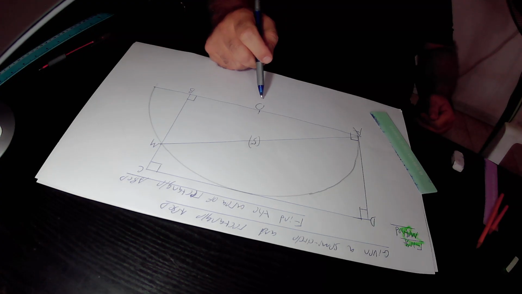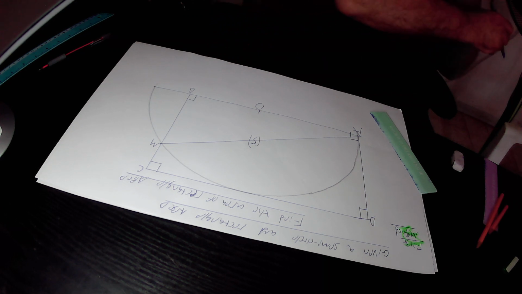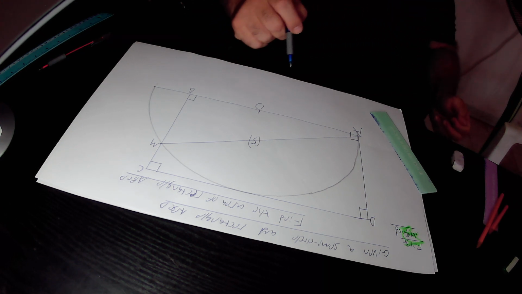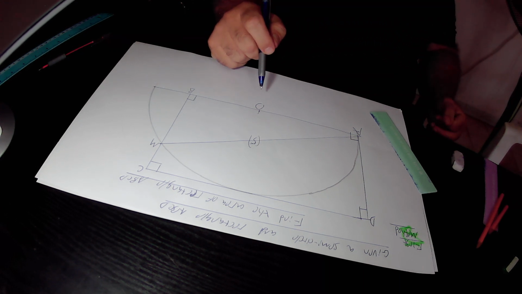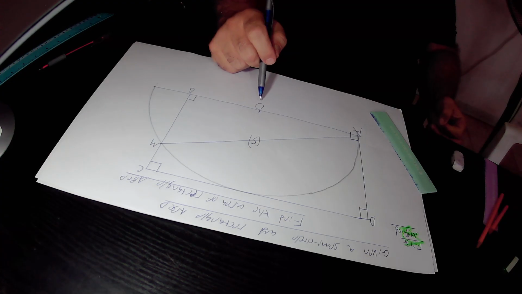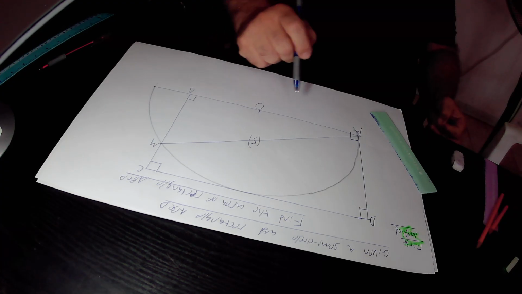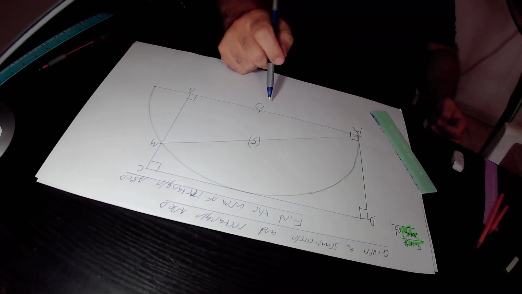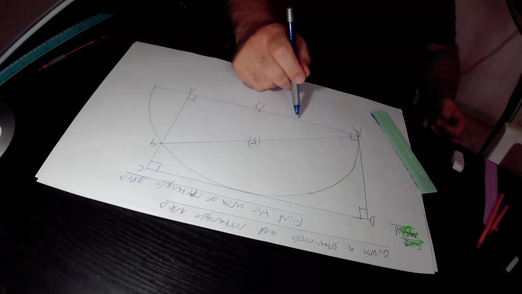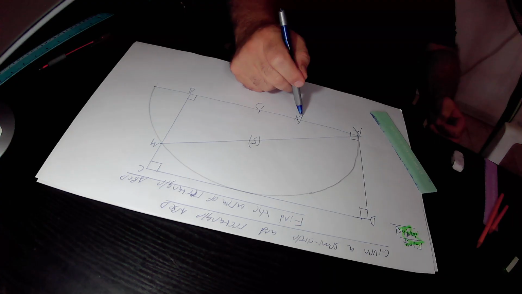Point O is the center of the circle, point A is a point on the circle itself, therefore OA is the radius of this circle, that's equal to x according to our definition.